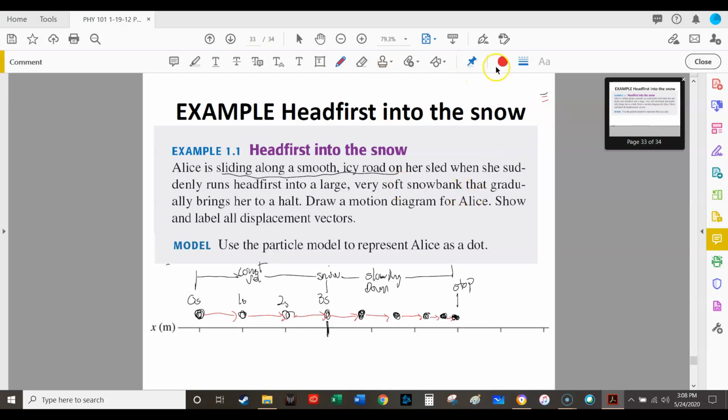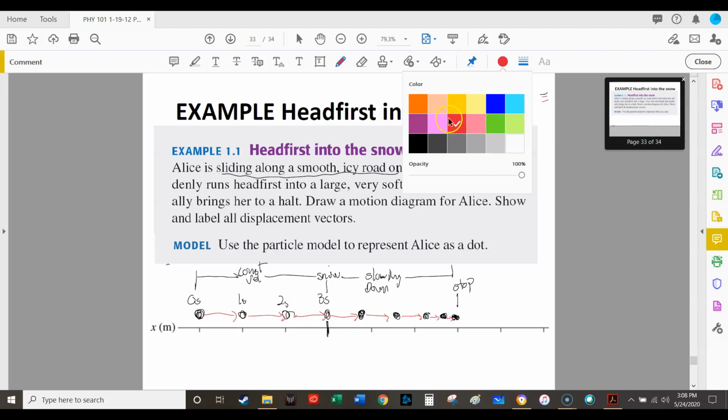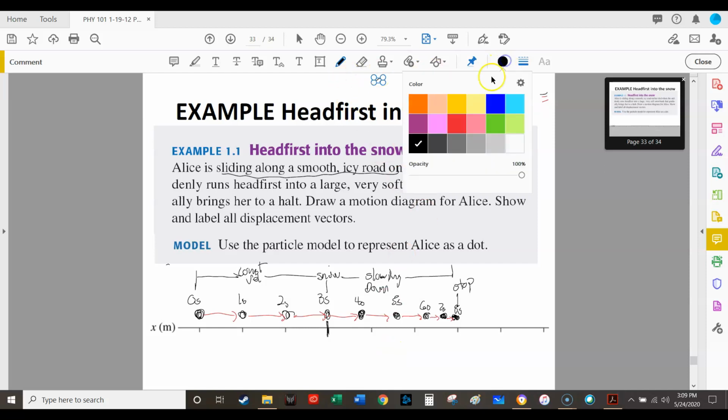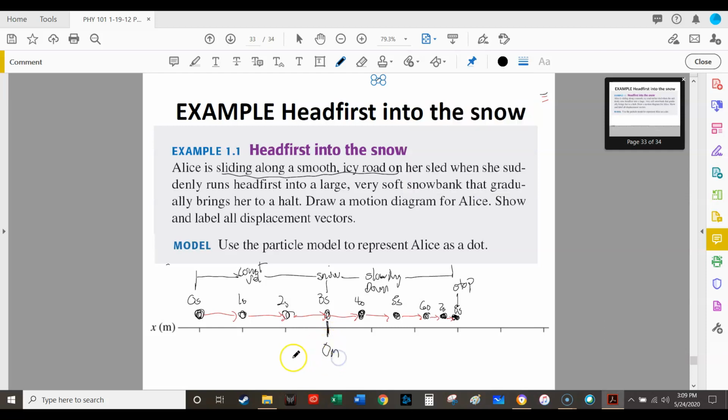Then I'm going to draw her time increments: 4 seconds, 5 seconds, 6 seconds, 7 seconds, and finally at the 8-second mark she comes to a stop. We were standing at the snowbank, and for some reason I like to use whole numbers, and let's say she was going absurdly fast. 10 meters per second is really fast, so she probably got saved by the snowbank.